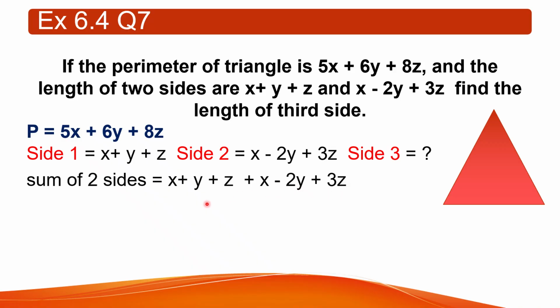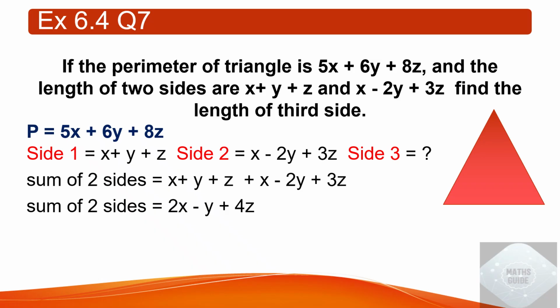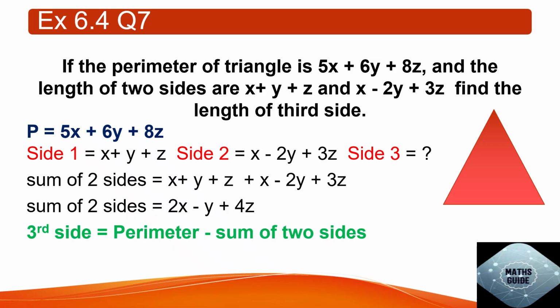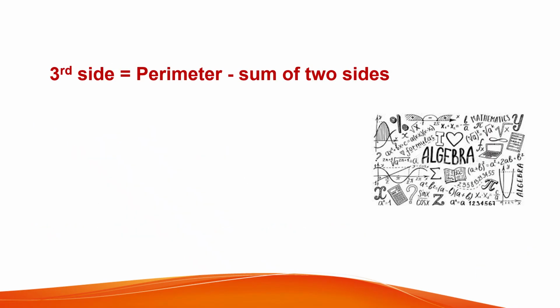Now arrange the like terms. We get 2x minus y plus 4z. So the sum of two sides is known. Now the next step is to subtract the sum of two sides from the perimeter, and the leftover will be the length of side 3. Third side will be perimeter minus sum of two sides.